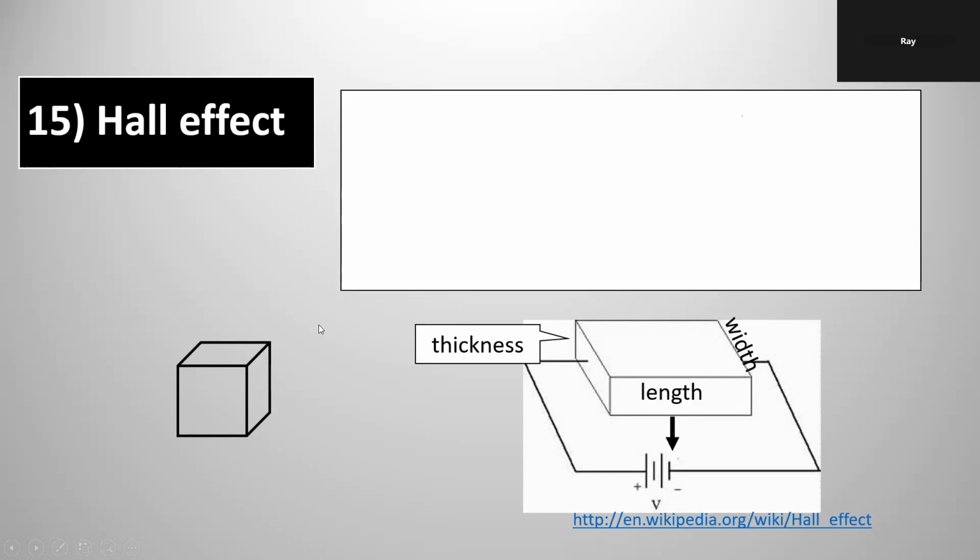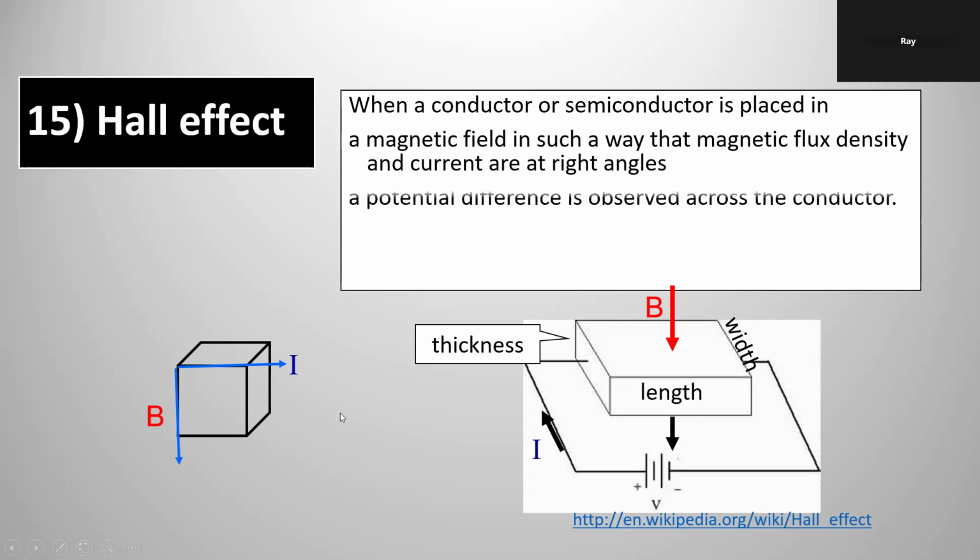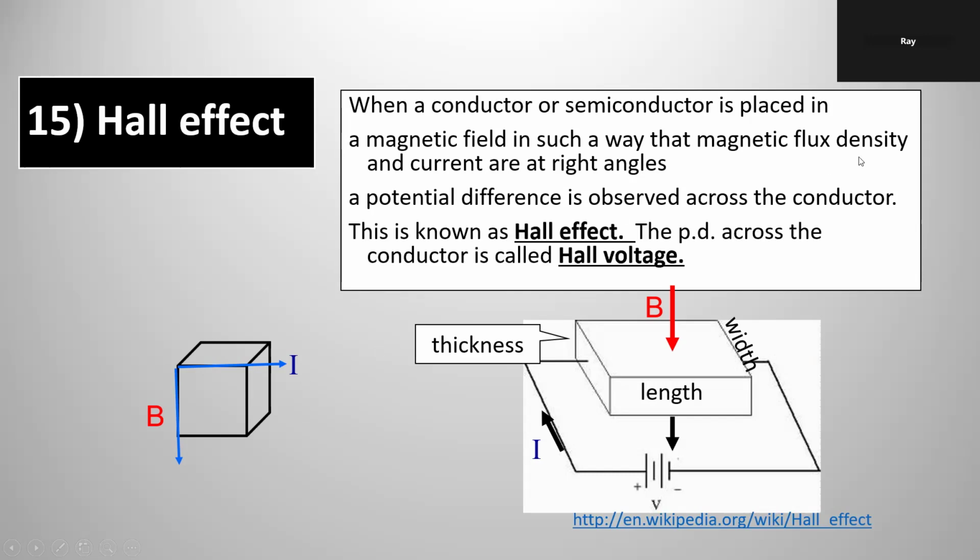When a conductor or semiconductor is placed in a magnetic field in such a way that the magnetic flux density and current are at right angles, current going in, magnetic field coming down at right angle, a potential difference is observed across the conductor.